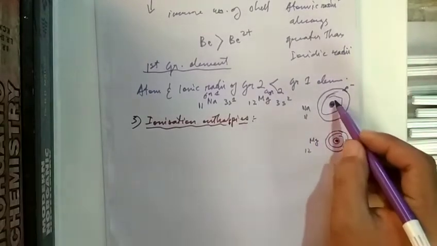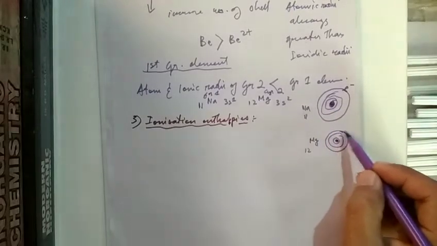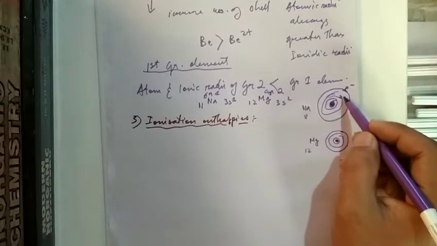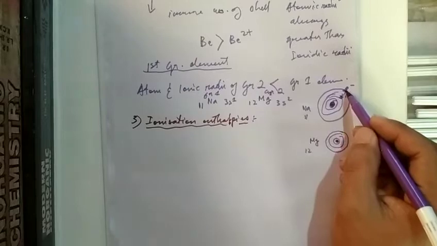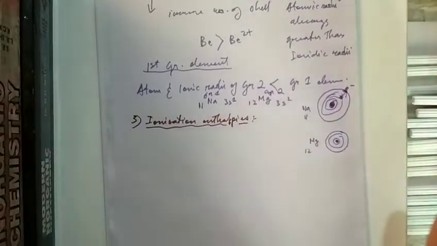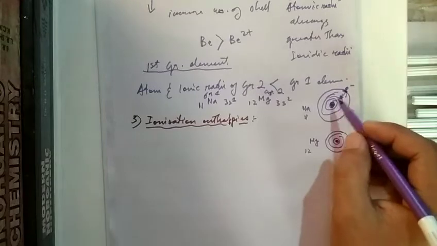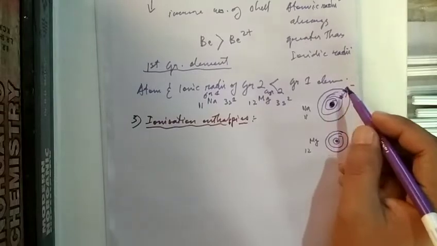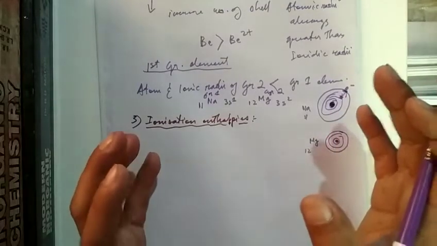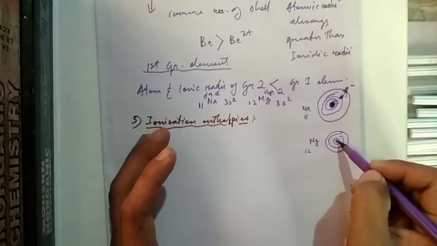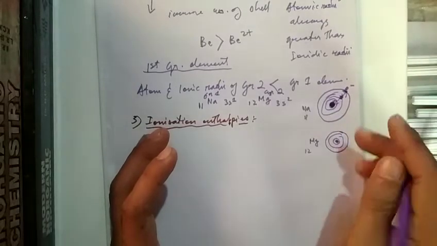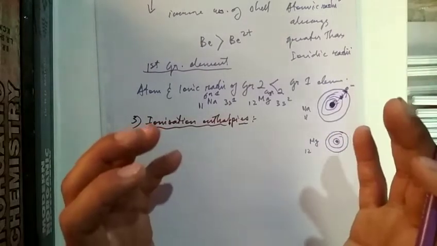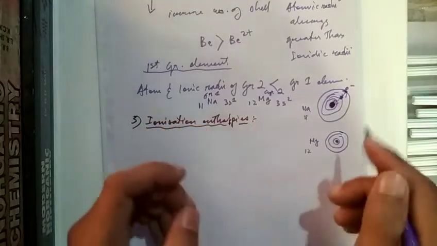They have three shells, but between electrons there is also a shielding effect, where inner electrons push the outermost electron away and size increases. So there is less attractive force between the nucleus and the electrons in Na. Since Mg has more protons, it can attract the electrons towards itself, and as a result its size becomes smaller.